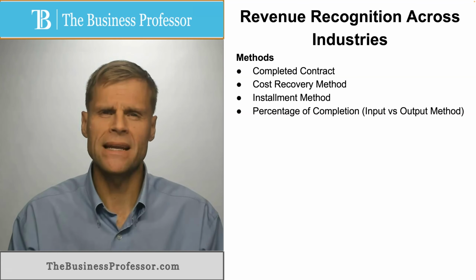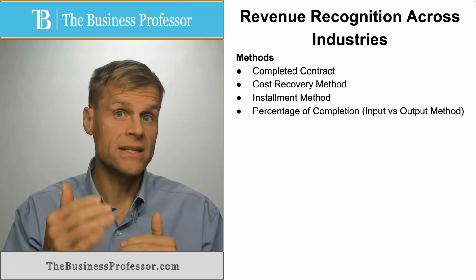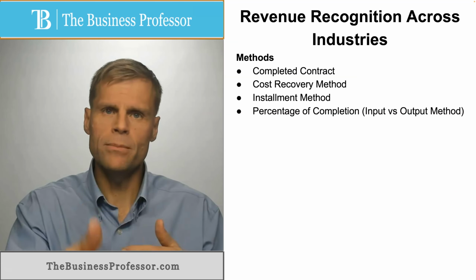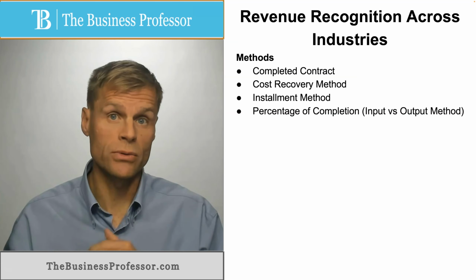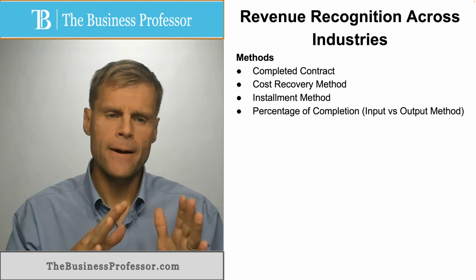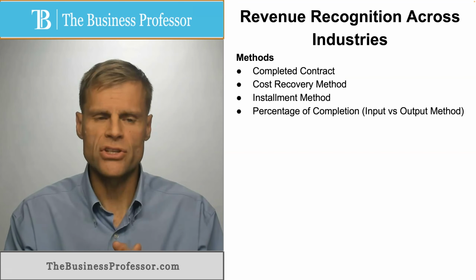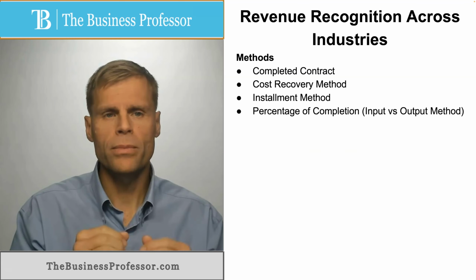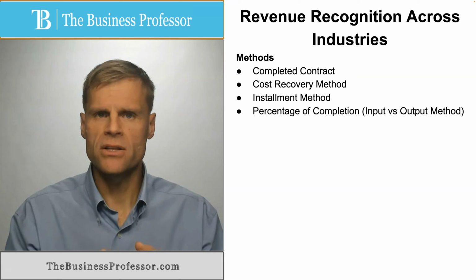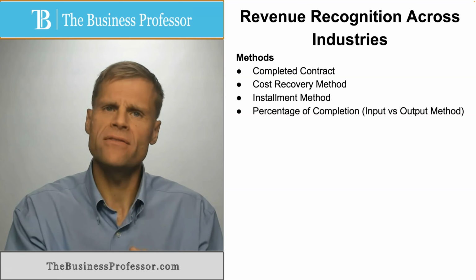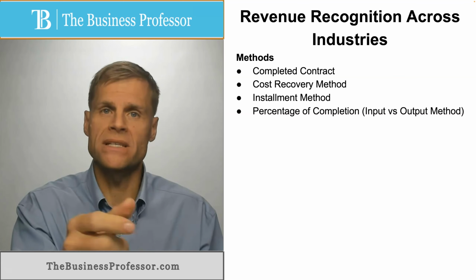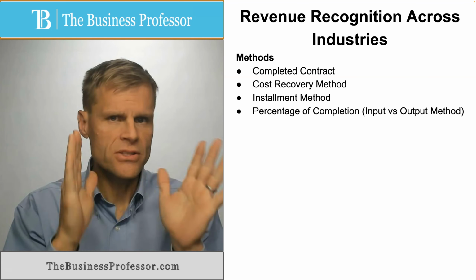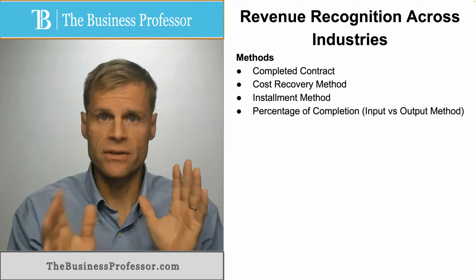The input method means you measure your percentage of completion based upon the extent to which you've input the effort necessary to perform all the obligations under the contract, or the output method, which is based more upon how much of the contract is complete or how much of the benefit has been received by the recipient. So these two methods are looking at different things.